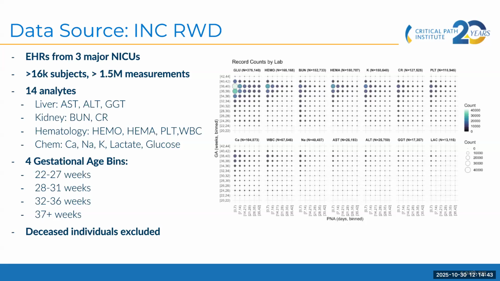This is part of one of the Pandora's box doors that we've opened with this project: because we have so much more additional information in the EHR, we can start to change the definition of what a reference range is and look at this more as a predictive precision medicine type model, instead of saying this is what a normal range is, and anyone outside of this normal range is considered abnormal. So that's the reason that we excluded deceased individuals, to, yes, in a sense, bias the model towards normality, or try to extract what we think is normality out of this population, which is obviously challenging.